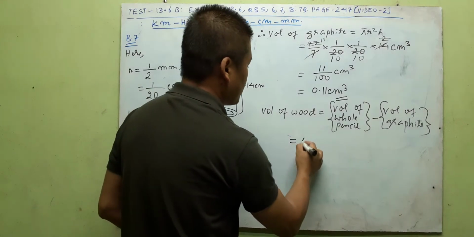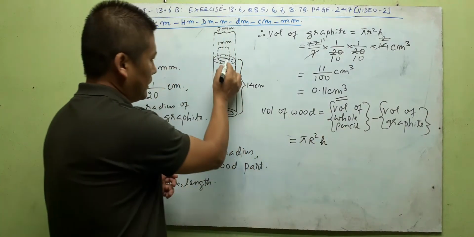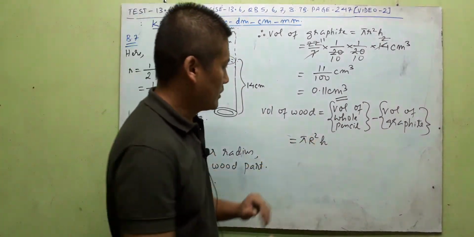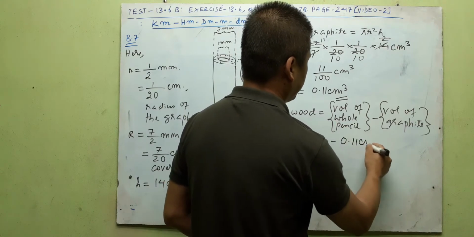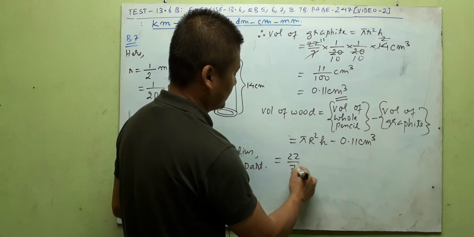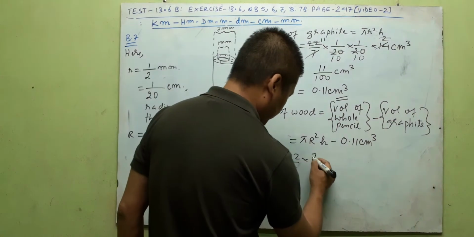Now whole pencil is pi big capital R square. Length inside also outside also in a cylinder is always the same, right? So h minus volume of the graphite, which we already got here, 0.11 centimeter cube. So here 22 by 7 into capital R, which is here 7 by 20.